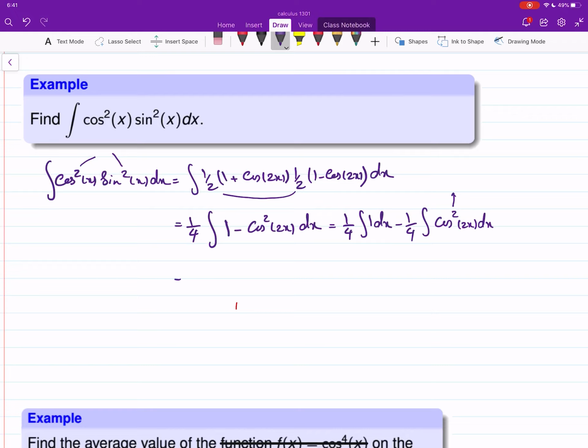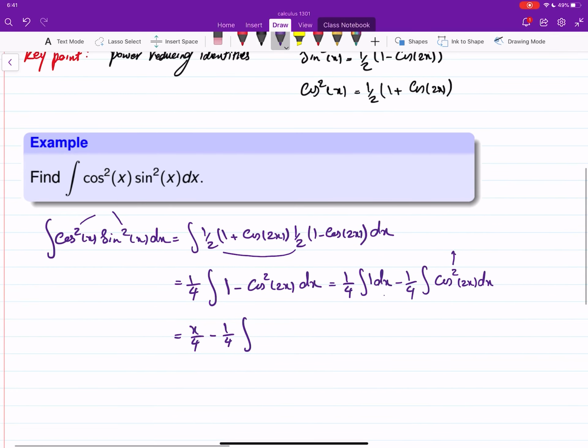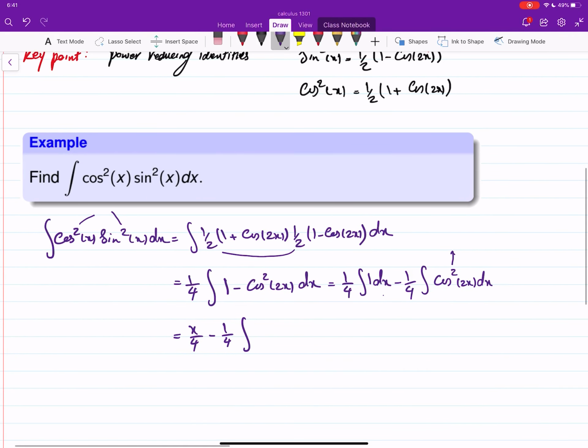So here it means that I will integrate the first one. The first one will give me x over 4. The second one, well, I will use the power reducing identity. Cosine squared of something is half of 1 plus cosine of twice that something.